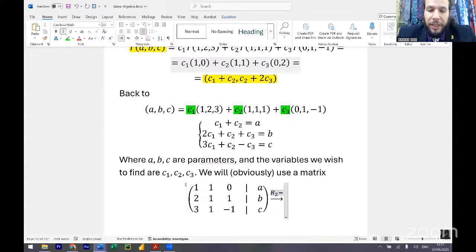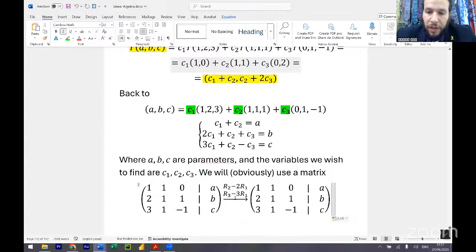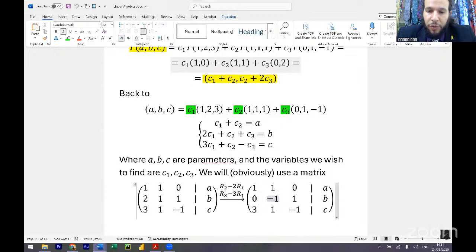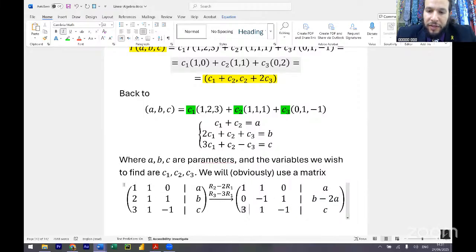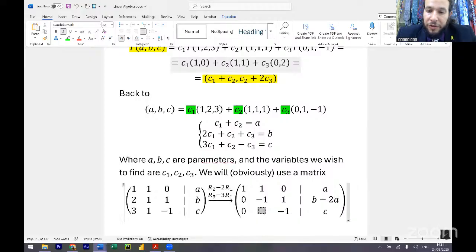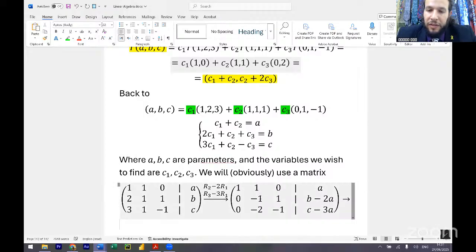So it's R2 minus 2 times R1, R3 minus 3 times R1. And so we have 1, 0, this minus 1, 1b minus 2a. Here we get 0, minus 2, c minus 3a. Next.